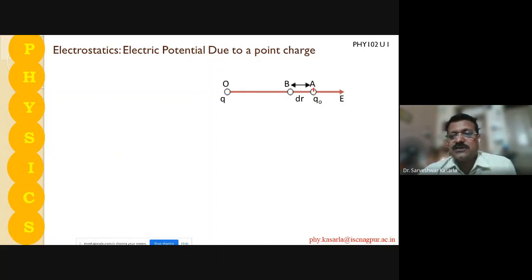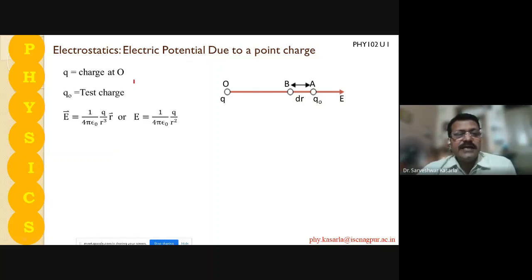This test charge q0 is moved from A to B by distance dr. Let us see what happens. So q is the charge at O, q0 is the test charge, and the intensity at a distance r will be equal to this much.